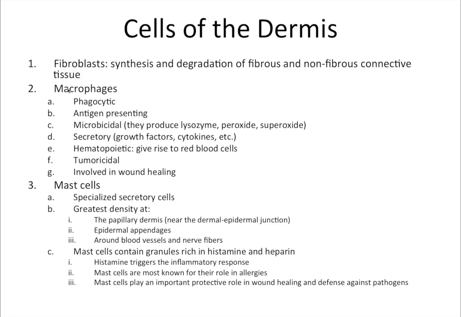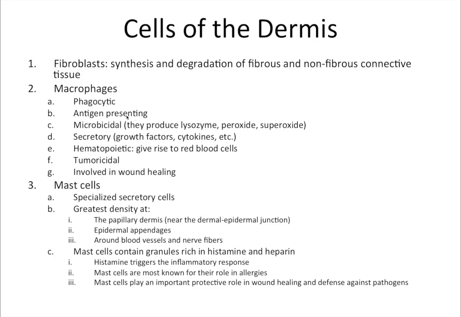Another important cell type that we have is macrophages. Essentially, these are immune system cells. They're phagocytic, which means that they can engulf and digest other types of organelles and even cells to some extent, and other types of foreign bodies that may present themselves in the skin.